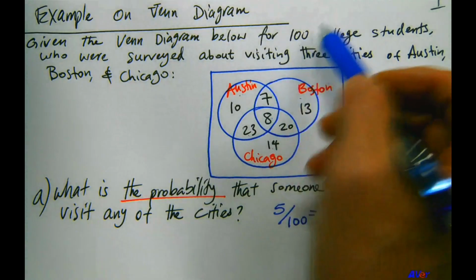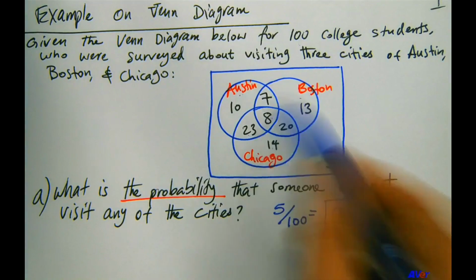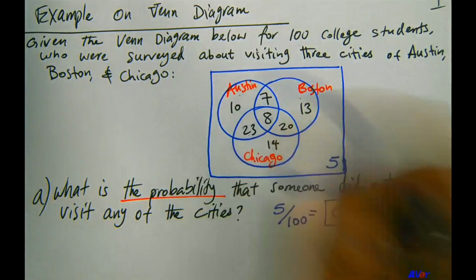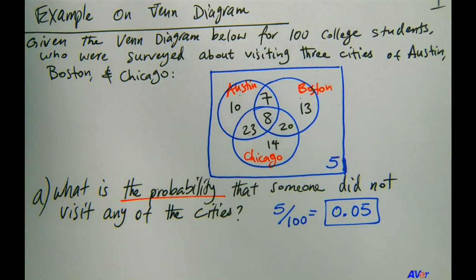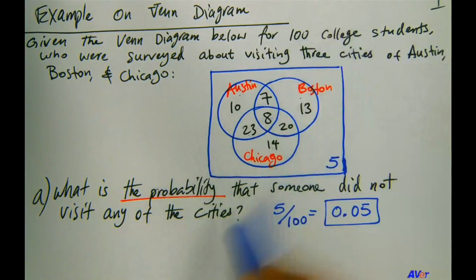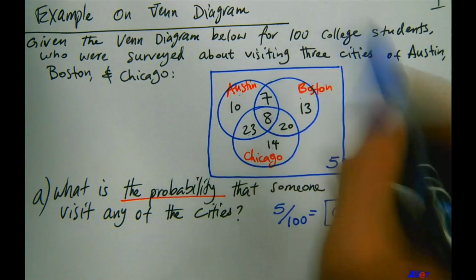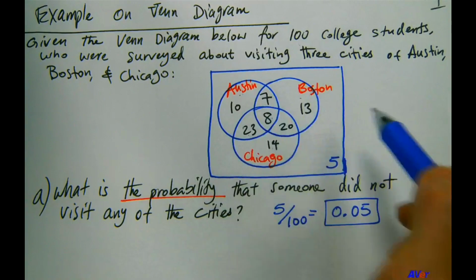Well, if they don't tell us, how can we calculate this? Well, just add these numbers. These numbers should add up to 100. So if this information was not provided and we still had to calculate this probability, we would need this 100. How could we get it? Simply add all of these numbers.